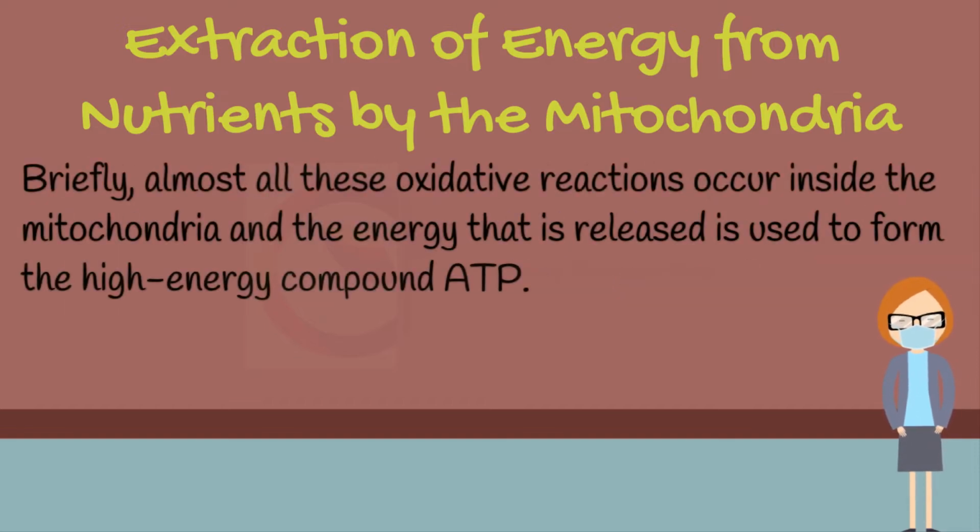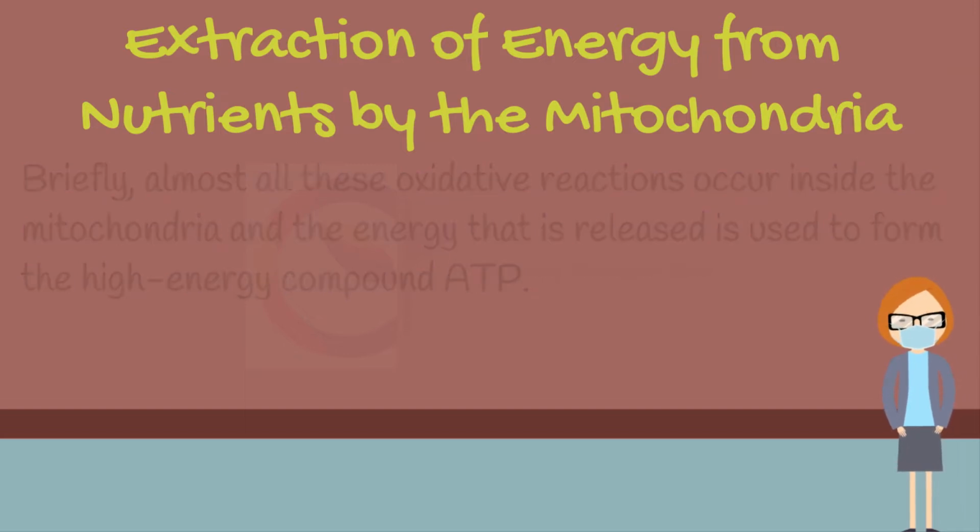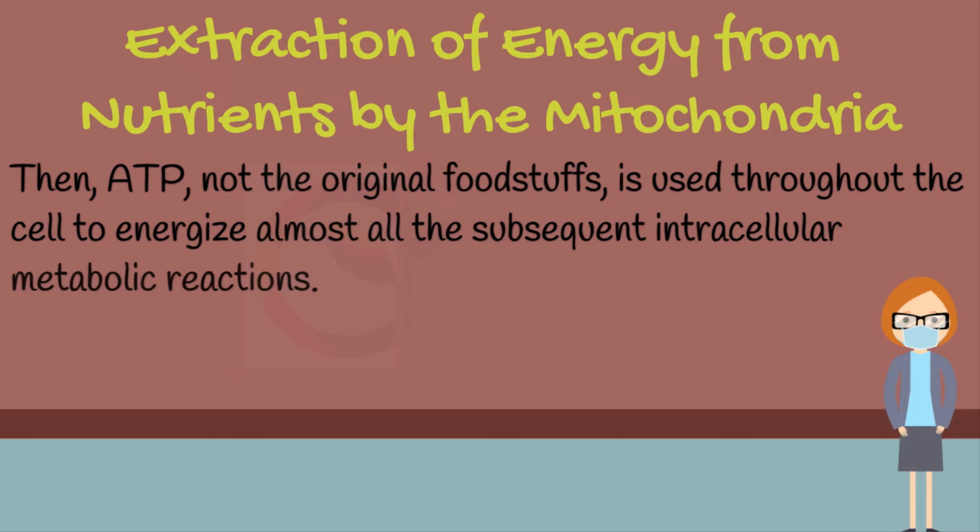Briefly, almost all these oxidative reactions occur inside the mitochondria, and the energy that is released is used to form the high-energy compound, ATP. Then, ATP, not the original foodstuffs, is used throughout the cell to energize almost all the subsequent intracellular metabolic reactions.